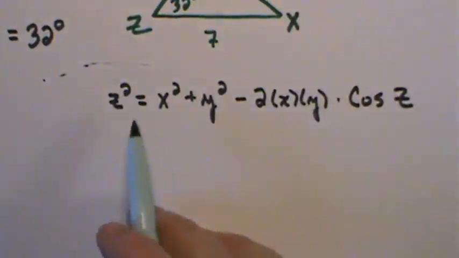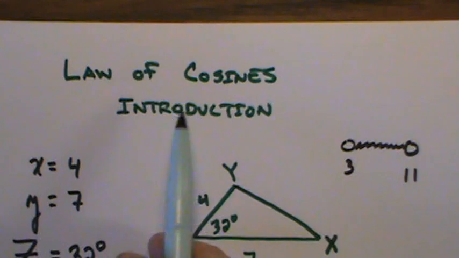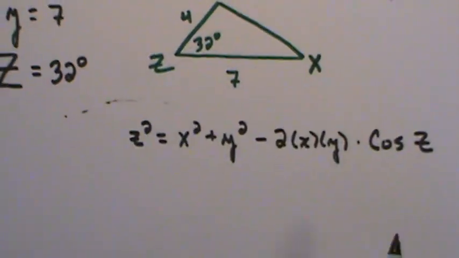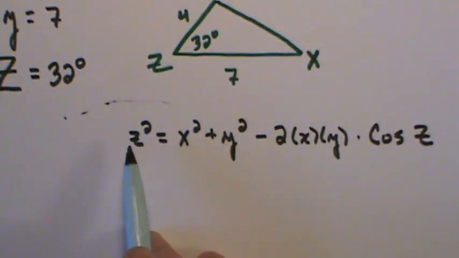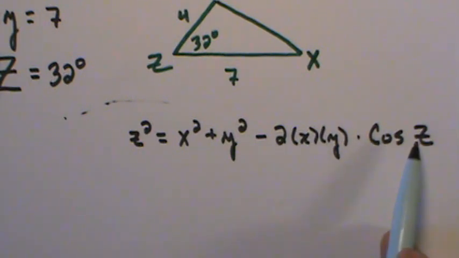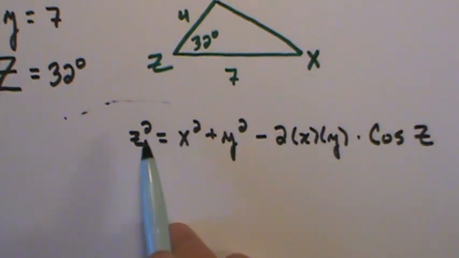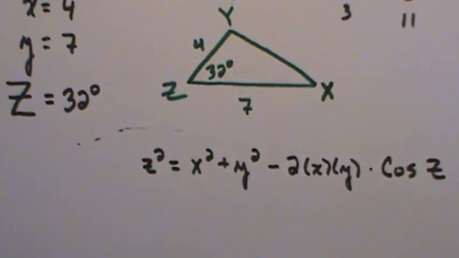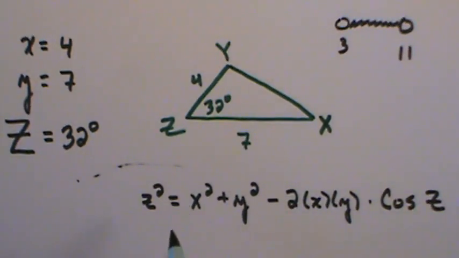I have this newfound formula which is called the law of cosines that states if you're looking for a side, simply square the other two sides of the triangle, subtract the product of each side, times cosine of the angle for the side you're looking for. And so I'm just going to plug this all together now.